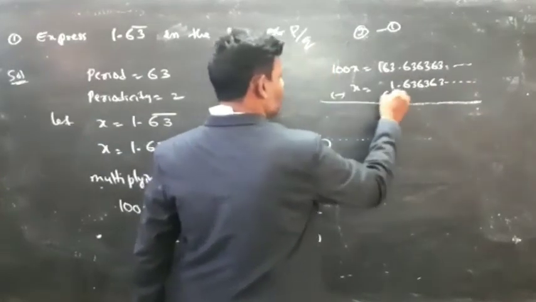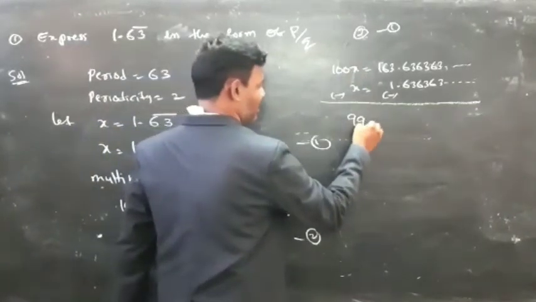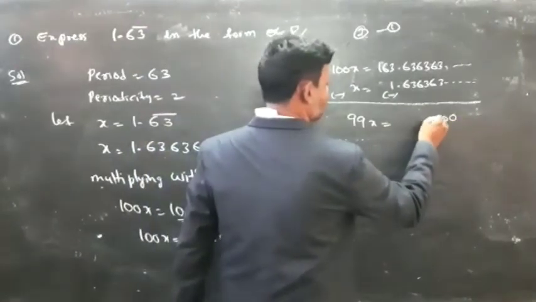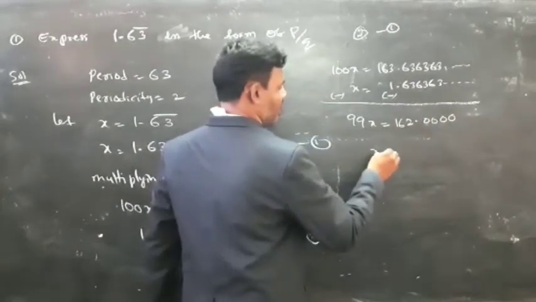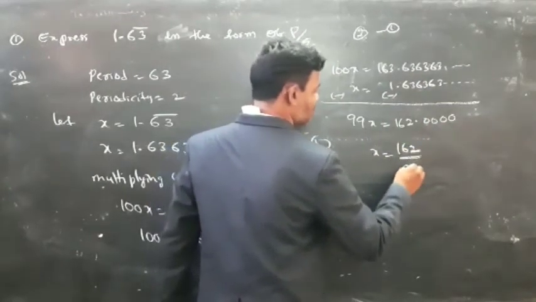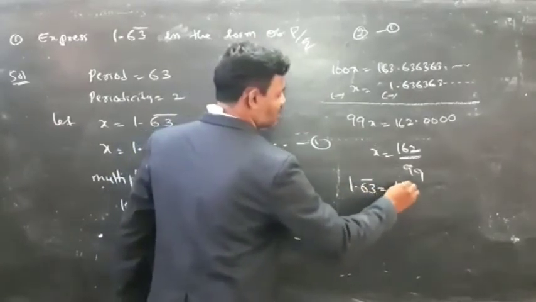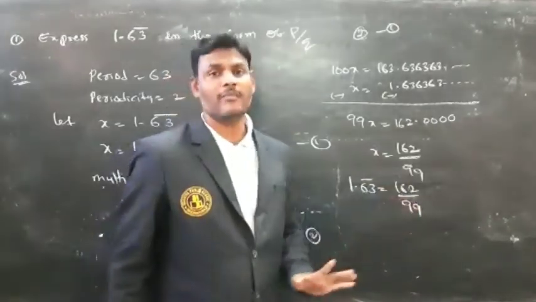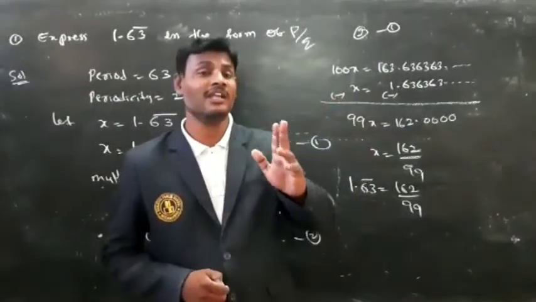Now I subtract the two equations. 100x minus 1x, 99x is equal to 162. So finally x is equal to 162 by 99. This is in the form of p by q. So like this we can express non-terminating recurring decimals in p by q form.